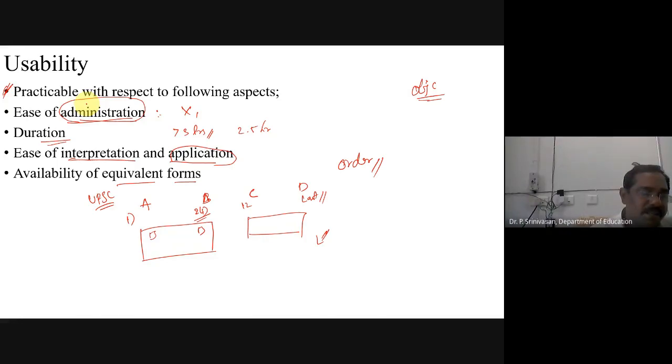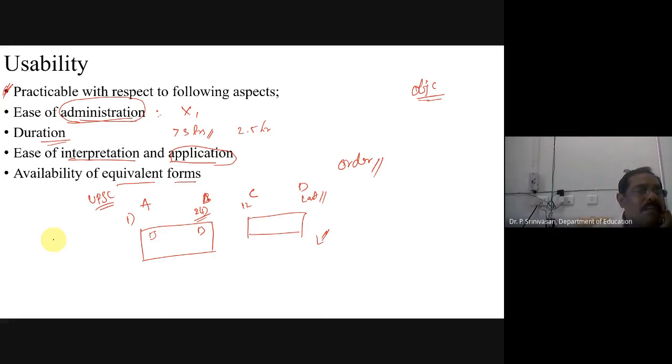Shaili, validity. What is validity? A test measures what it is supposed to measure. That is validity.